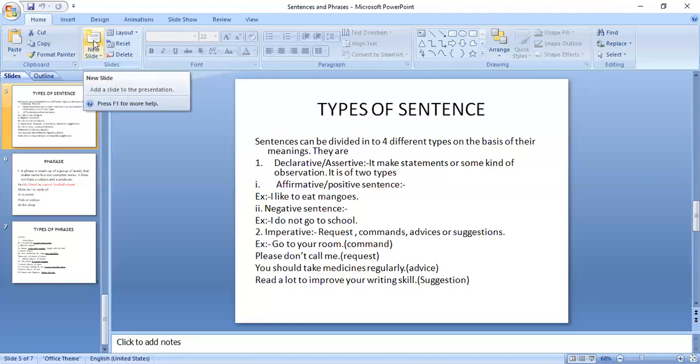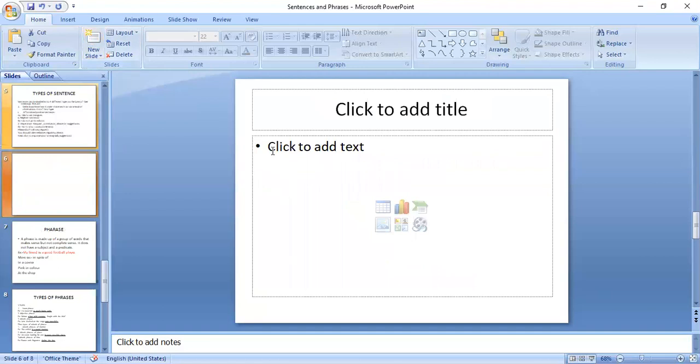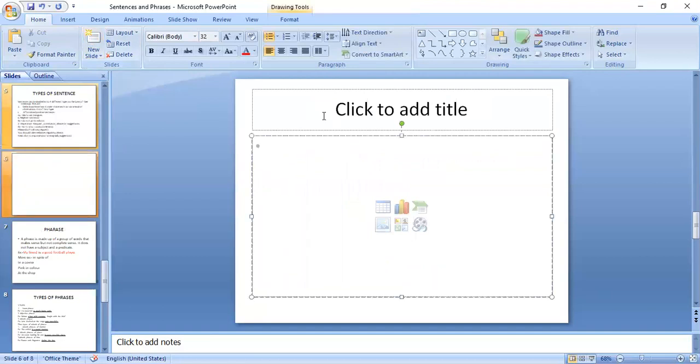Then, interrogative sentence. The third one is interrogative sentence. What is an interrogative sentence?